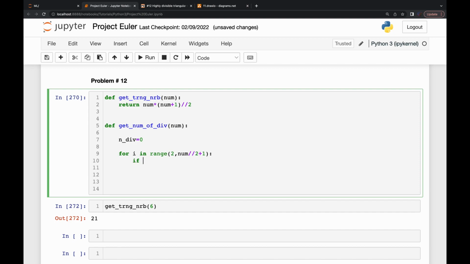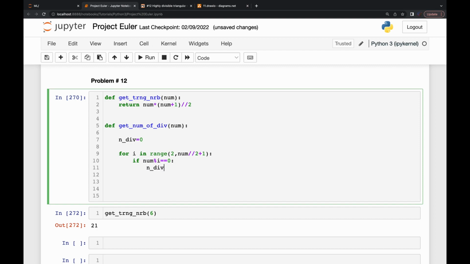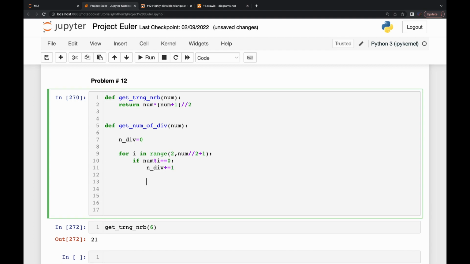Then we want to check if the number modulo i equals 0. If so, we'll increment the count: number of divisor plus equal to 1. Finally we return.